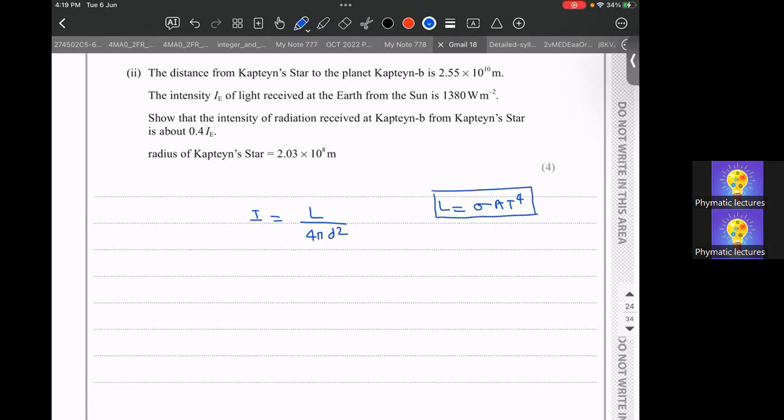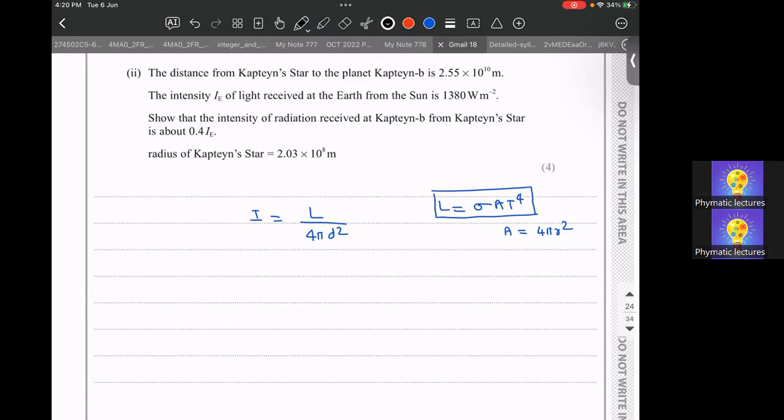Sigma is a constant and A is the area. Area is 4 pi r square, the surface area of the star. Refer to the Stefan's law, take the sigma value and first calculate the luminosity.